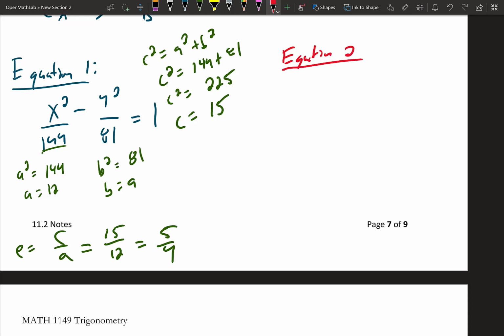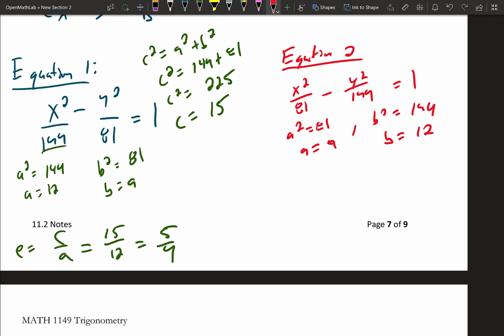And then next, looking at equation 2, we have x squared over 81 minus y squared over 144 equals 1. So a squared is 81 and b squared is 144. So a is 9 in this case and b is 12. Basically the a squared and b squared values just switched.